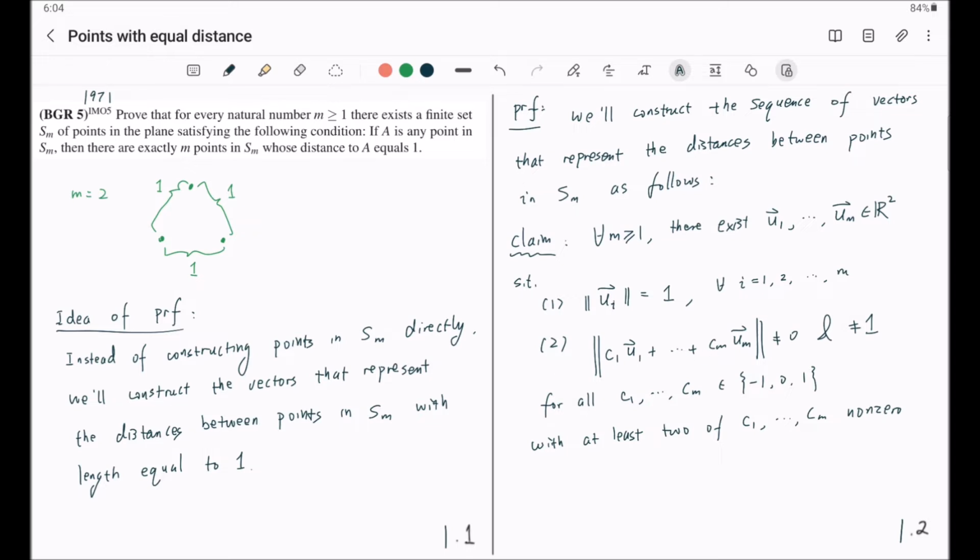That is the requirement. Namely, whenever this linear combination is non-trivial, then the length of it is also non-trivial. So this is a claim, and we will prove it by induction.